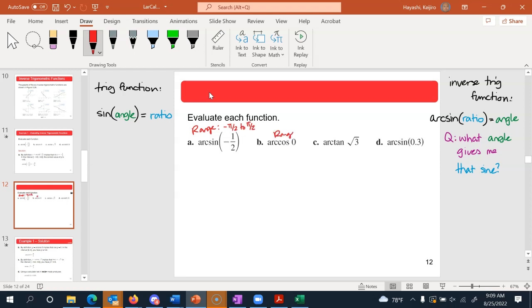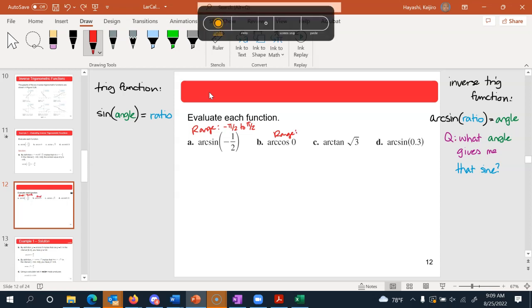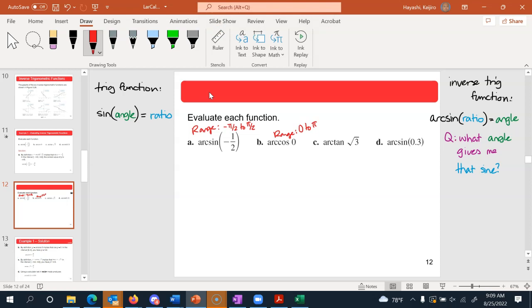For arc cosine, the range is 0 to pi over 2. Sorry, 0 to pi. For arctangent, the range is just like sine, negative pi over 2 to pi over 2. And we already did arcsine.